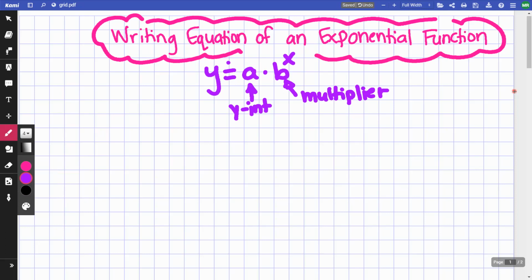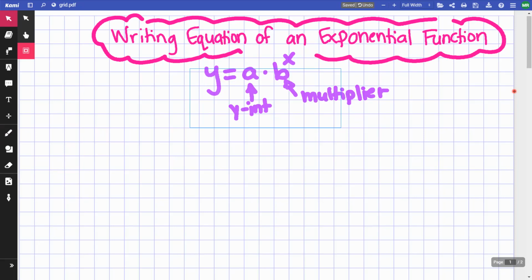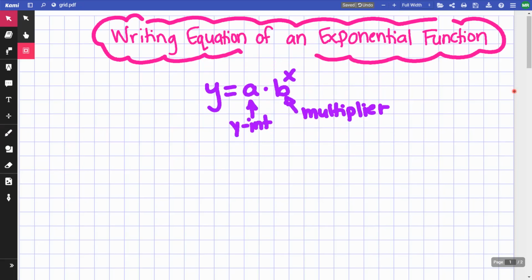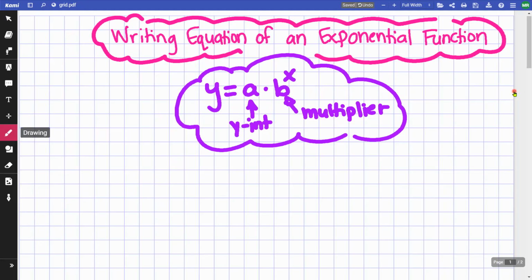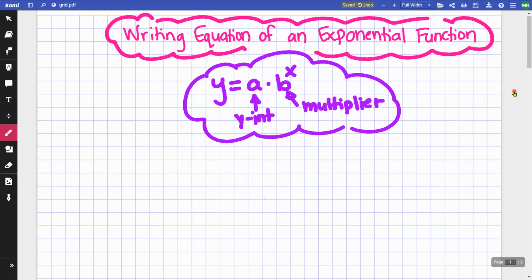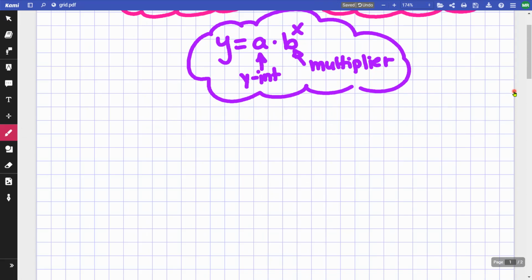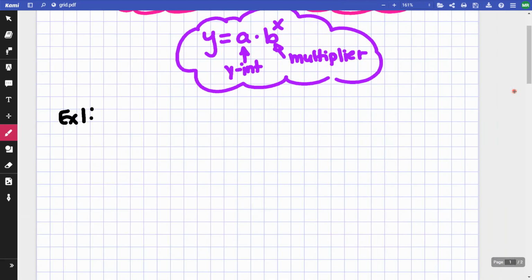So when we're doing this, a couple of examples. Let's start off with a graph. Let's say for example 1, we are going to do an L-shaped graph.